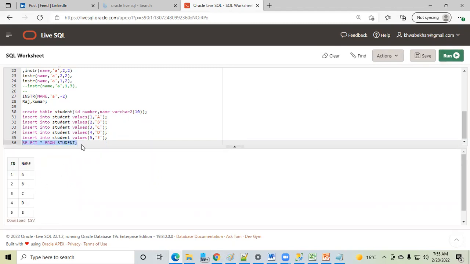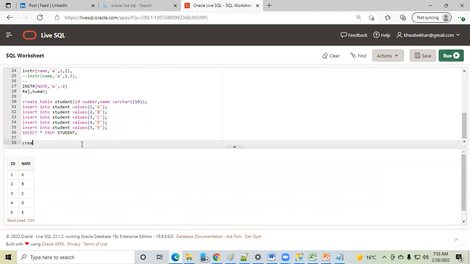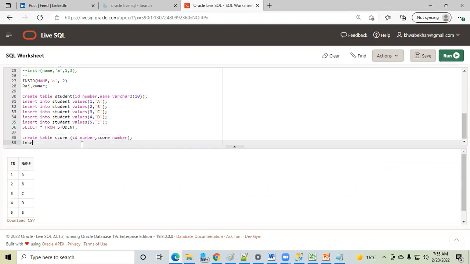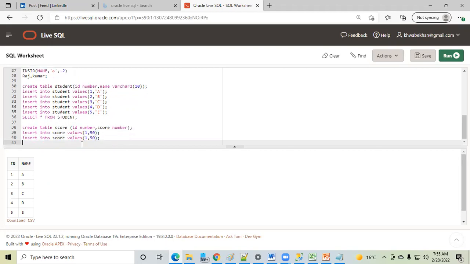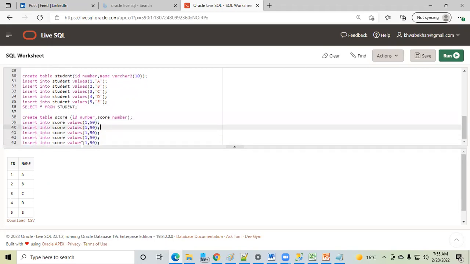This data is there. Some random values I have taken.